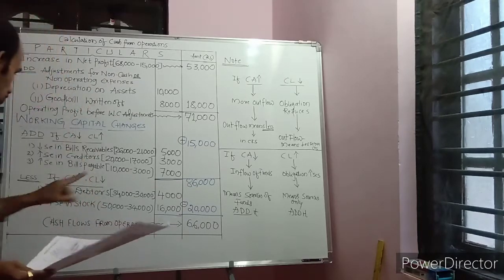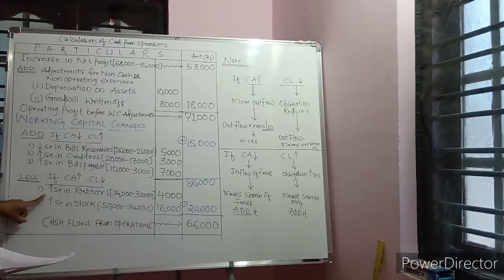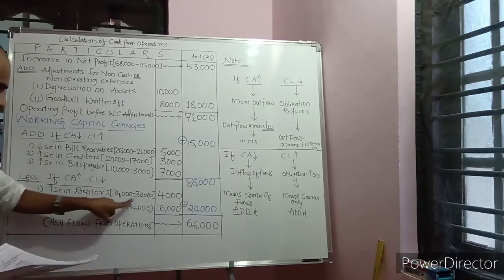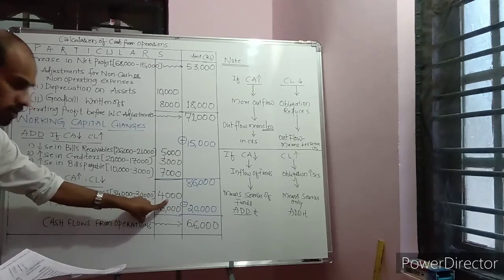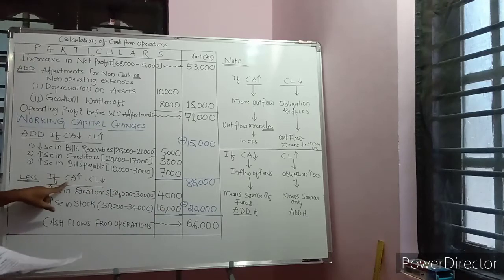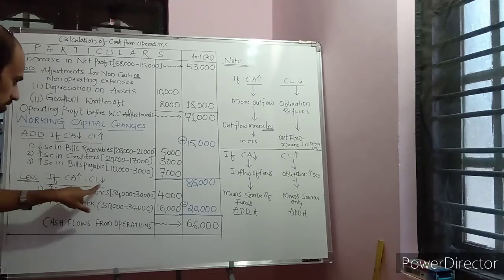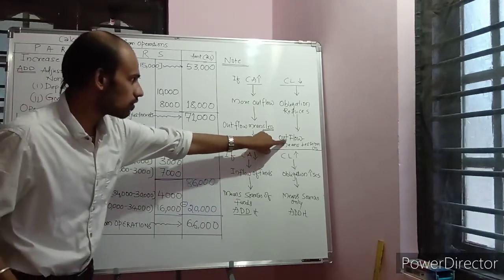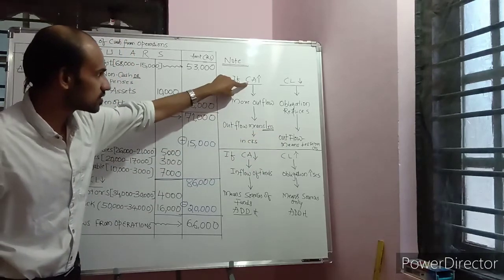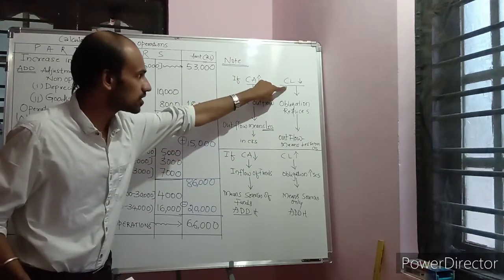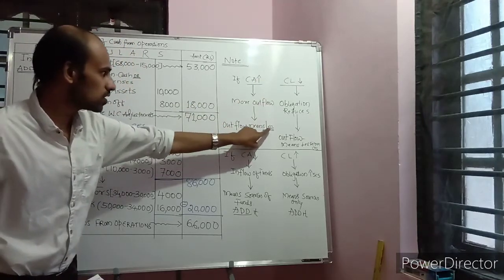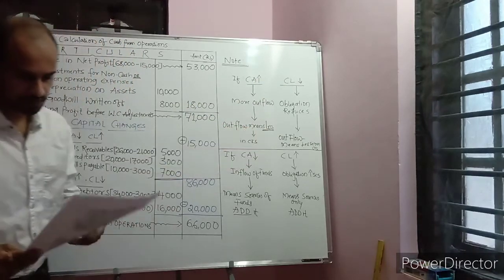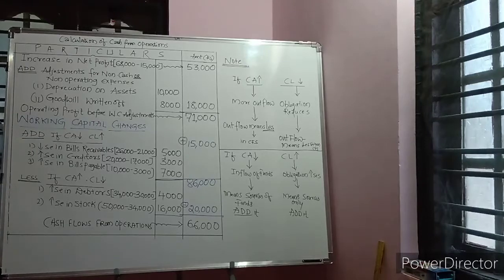For that reason, we have written it under the less side. So that is increase in debtors, 34,000 minus 30,000 it is 4,000. I have already written, if current assets increase and current liabilities decrease, it is an outflow, so it is less.